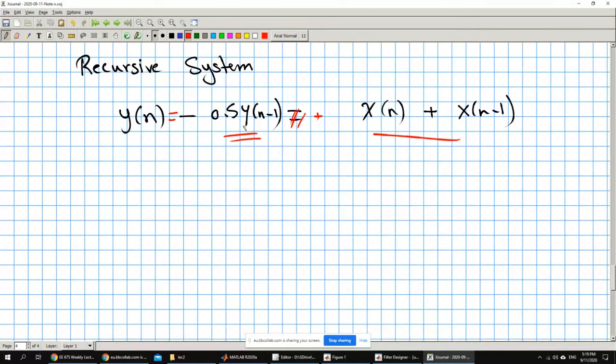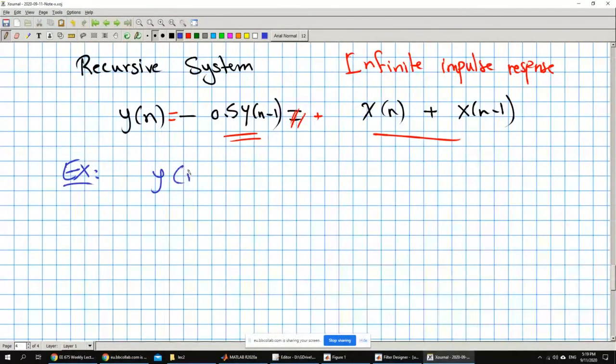As long as y is multiplied by constants and x is multiplied by constants, it's a linear system, but it's called a recursive system, or what we're going to say about it now, an infinite impulse response system. Let's try an example so that you can see it clearly.